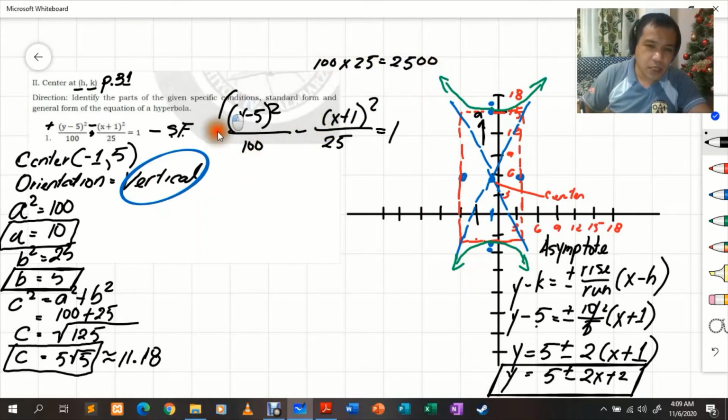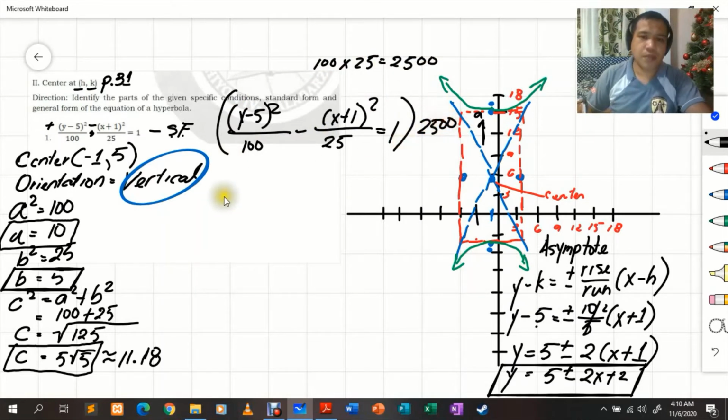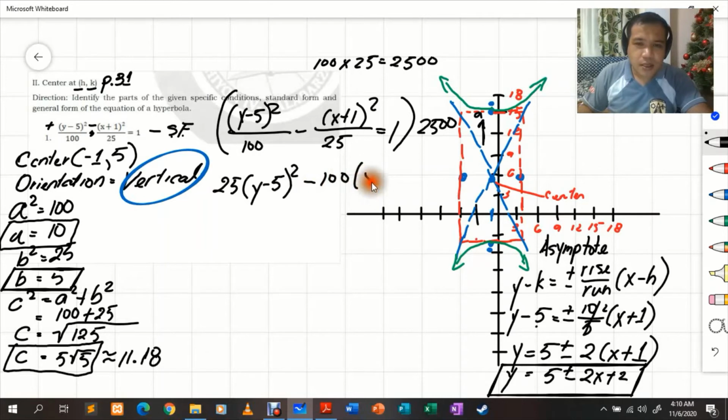Multiply natin both sides by 2,500. So, kapag binultiply natin, that will give us 25 (y minus 5) squared minus 100 (x plus 1) squared equals 2,500.